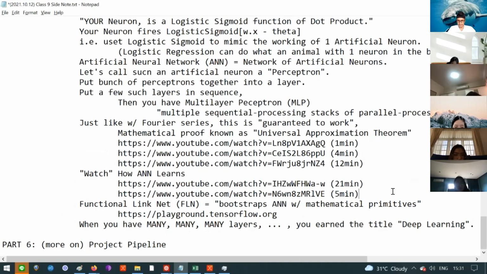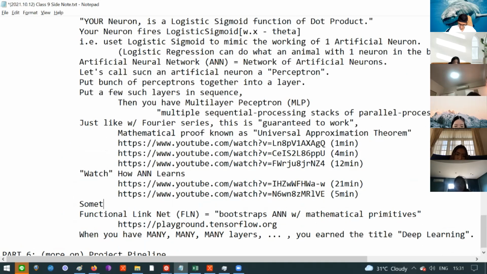But if you think about it, just like when you work with, say, support vector machines or nonlinear kernels, sometimes you want to help with basic functions like x squared.